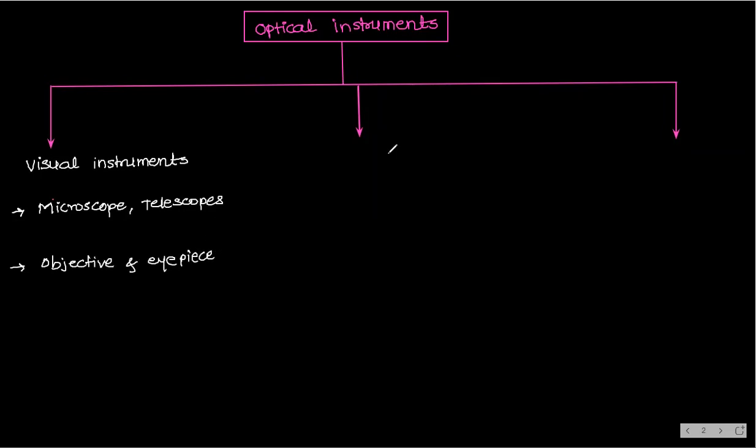Next is photographic and projecting instruments, for example cameras, which take photos, and we can also watch and print.